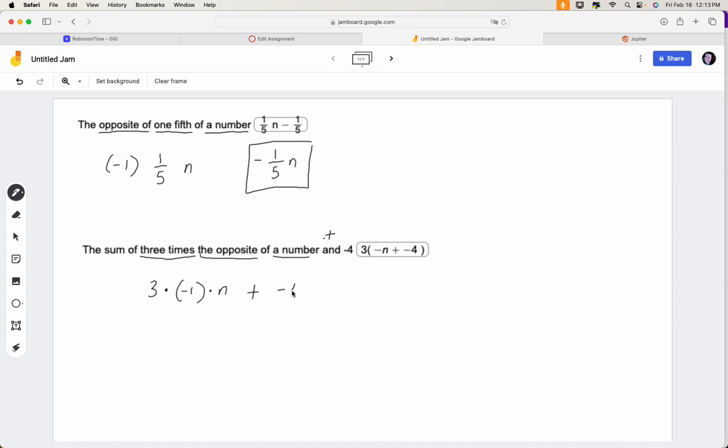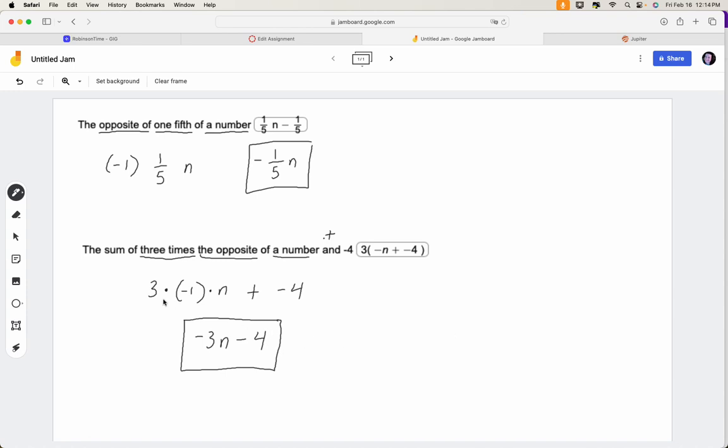-4. So when we get all of this down, we're going to say 3 times -1 times n. That's going to be -3n. And this plus -4, we know the negative is going to override that plus sign. So it'll be -4, just like that. And that would be your answer. Okay?